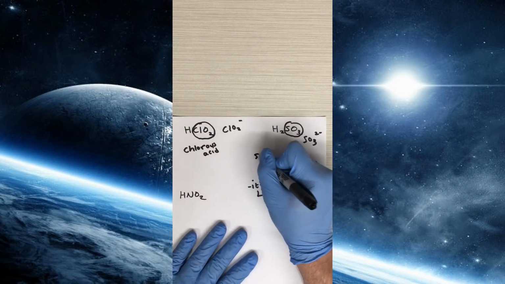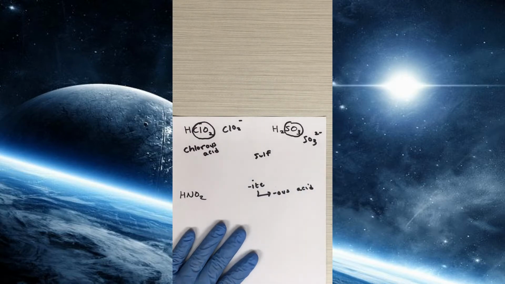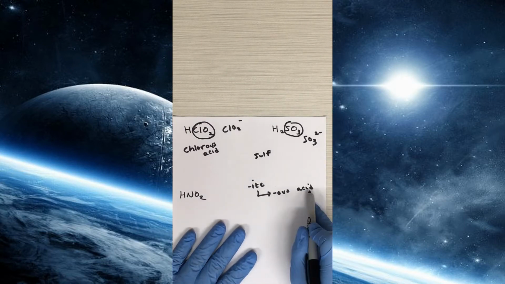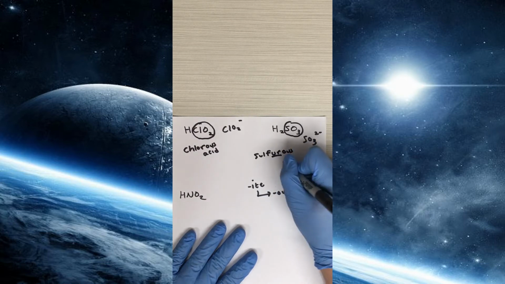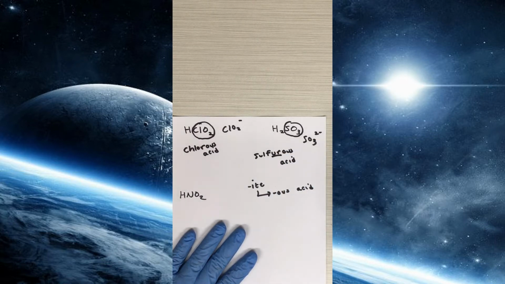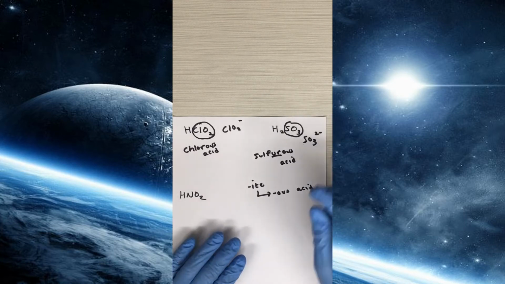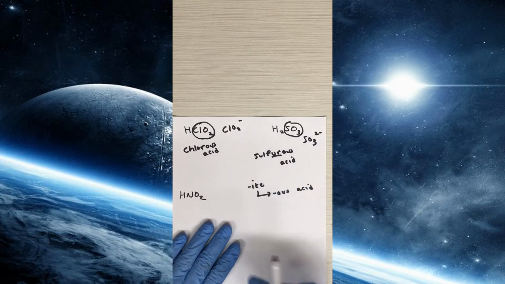So we would start with sulf, but instead of saying sulfous acid, we would have to say sulfurous acid. Okay? So hopefully that makes sense. Again, this is one of those weird ones. There's not many of them, but phosphate and phosphite are the other very common ones that you could run into that have this rule.